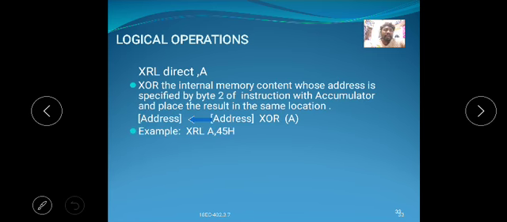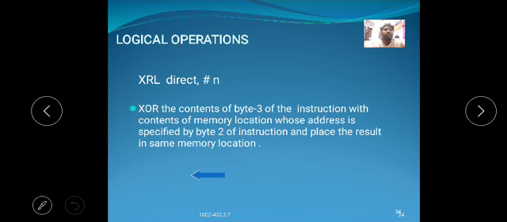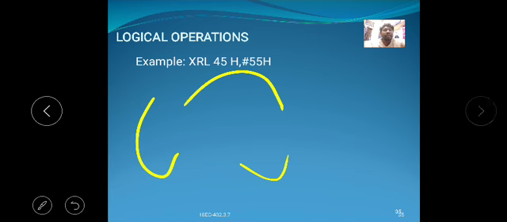XRL direct, A: XOR the internal memory content whose address is specified by byte 2 of the instruction with the accumulator and place the result in the same location, address XOR A. Example: XRL 45H, A. XRL direct, #n: XOR the content of byte 3 of the instruction with the content of memory location whose address is specified by byte 2 of the instruction and place the result in the same location, address XOR byte 3. Example: XRL 45H, #55H.